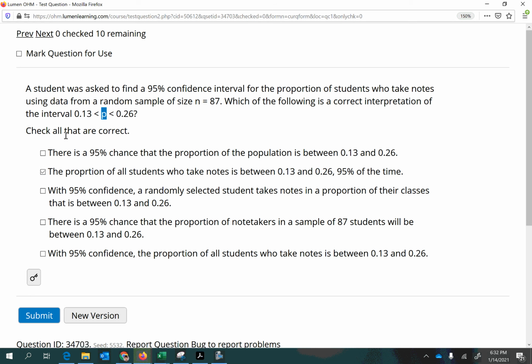So let's go through and see how many of these would be correct, and we'll talk about why each one is or isn't right. The first one says there is a 95% chance that the proportion of the population is between 0.13 and 0.26. That matches the confidence level of our interval.